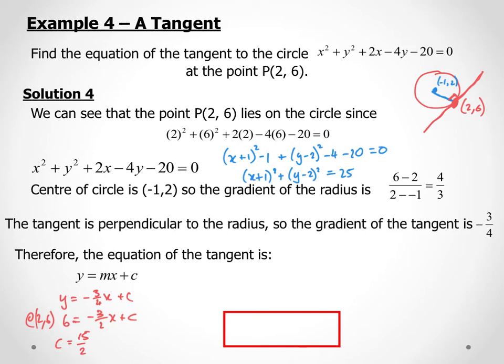And so we know that y equals minus 3/4 x plus 15 over 2. Or if we multiply through by 4, we see that 4y equals minus 3x plus 30. And sometimes you'll see that simplified to make everything sort of positive: 4y plus 3x equals 30.